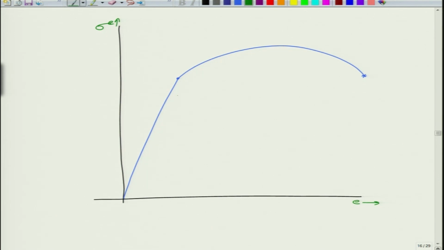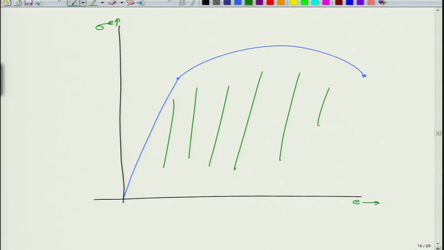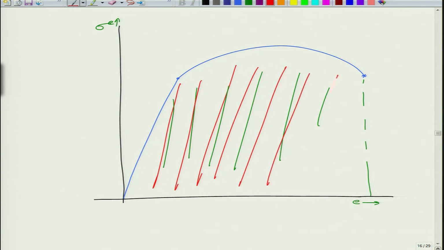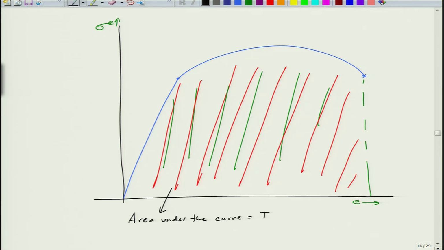The area under this curve is nothing but the toughness of the material.